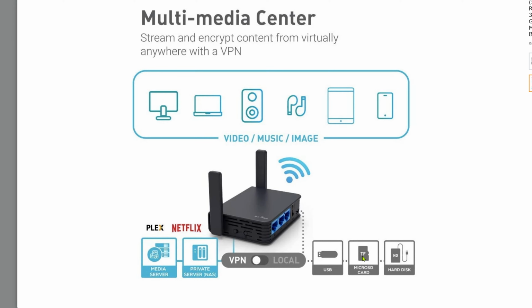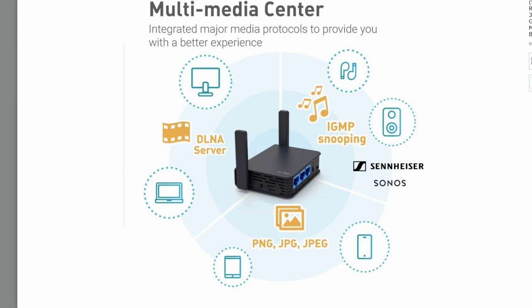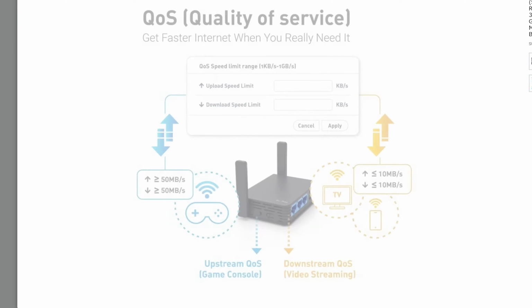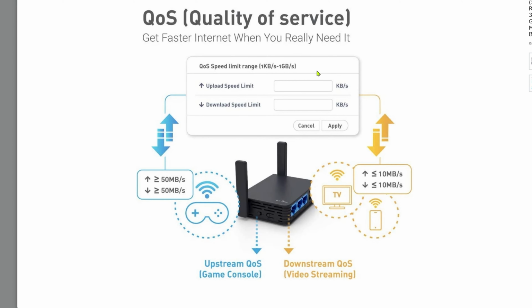With the micro SD card, it can act as a network attached storage server. So a lot of functions here in this little device. You can see another illustration here. It does support QoS.